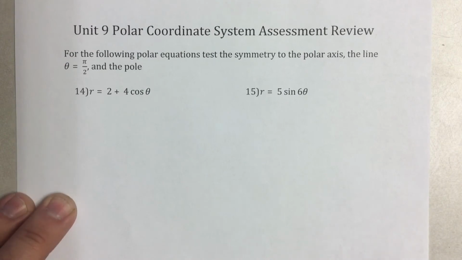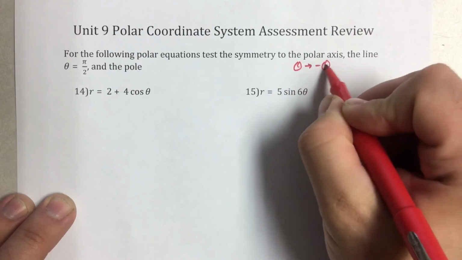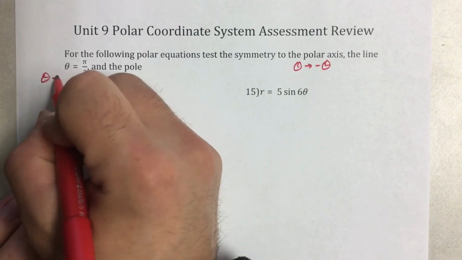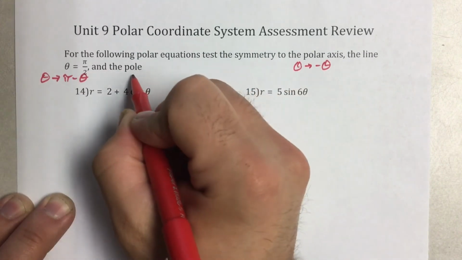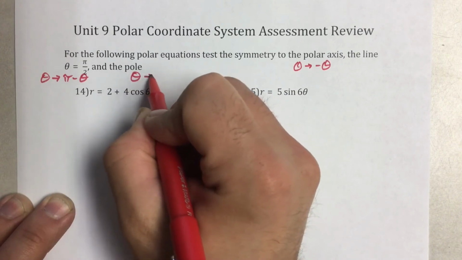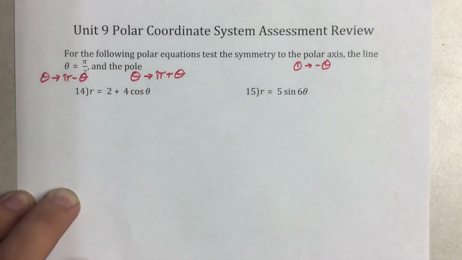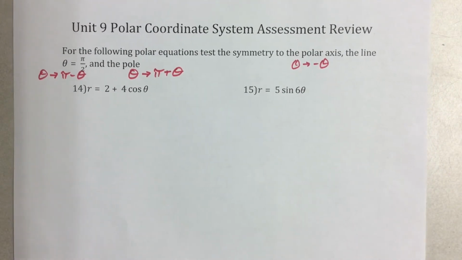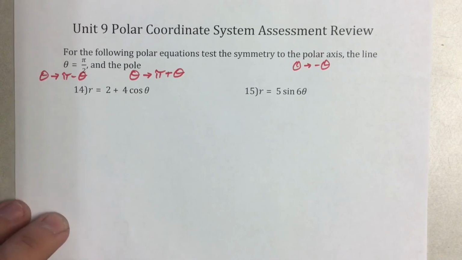For the polar axis, we substitute theta with negative theta. For the line pi over 2, we substitute theta with pi minus theta. And for the pole, we substitute theta with pi plus theta. Okay, so I'll put a link here right now, taking you back to that initial lesson where we look at symmetry. But let's look at these 2 examples.